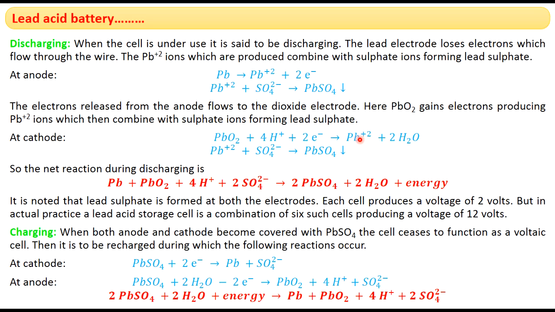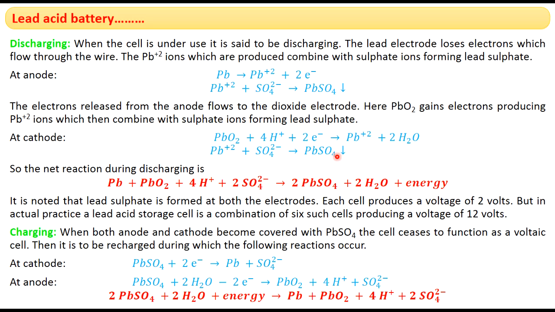Lead cations which are formed consume sulfate ions which are present in the electrolyte sulfuric acid and form lead sulfate.